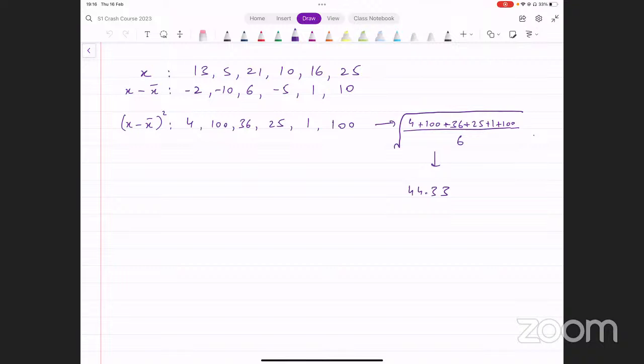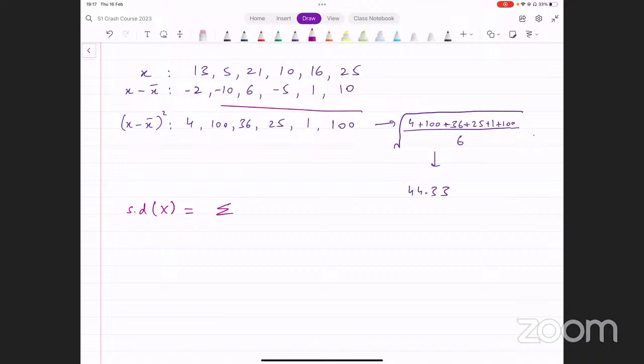So the standard deviation formula after all of this looks something like this. If we have a variable x in ungrouped form, standard deviation is defined like this. You say it's sigma, sum of all of these values, sum of (x minus x bar) whole square.